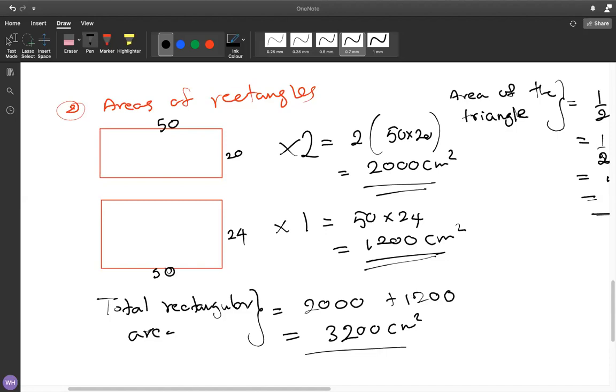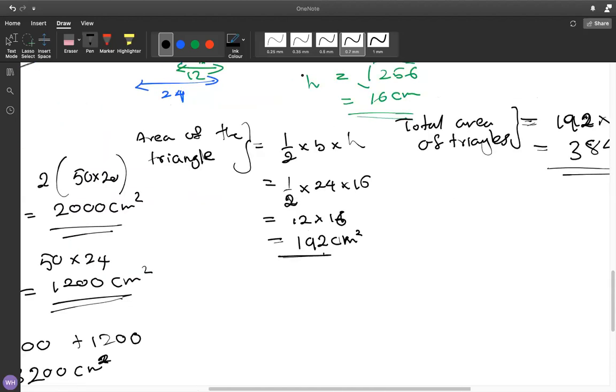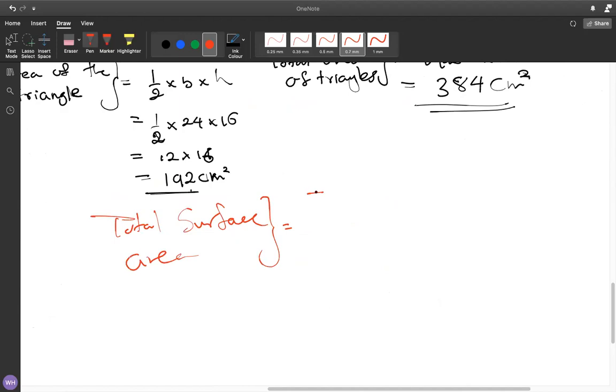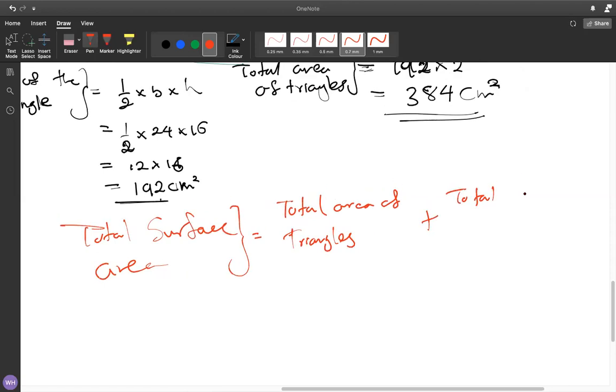So now it is 3200 square centimeters, and then we have 2 triangular surface areas which is 384 square centimeters. Now you can find the total surface area, which will be equal to the total area of triangles plus the total area of rectangles, right guys?